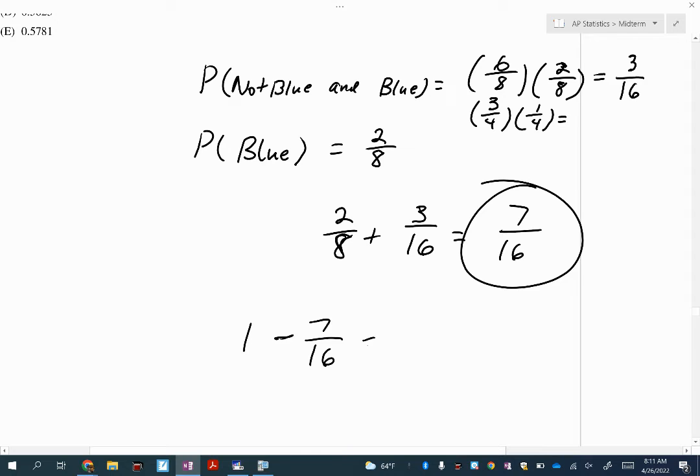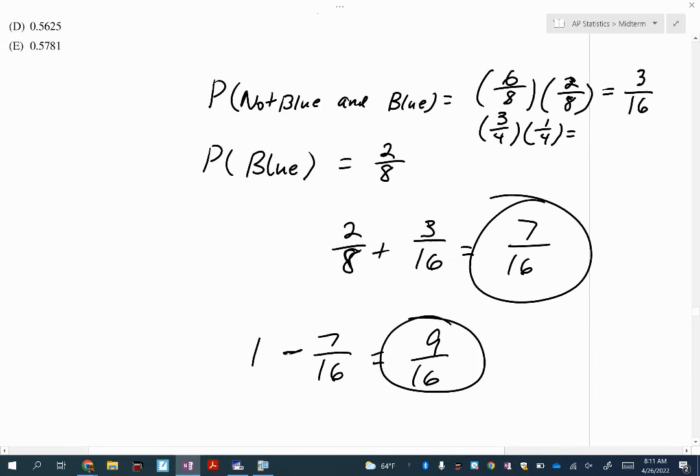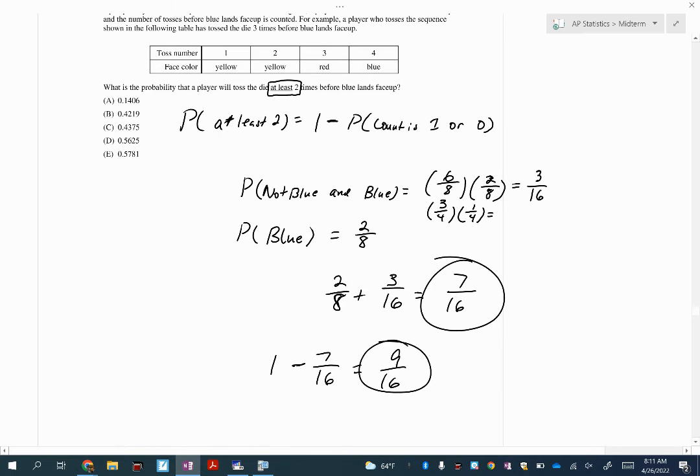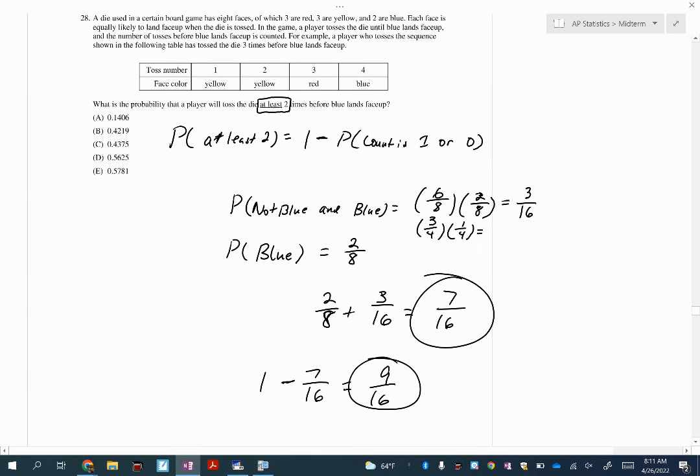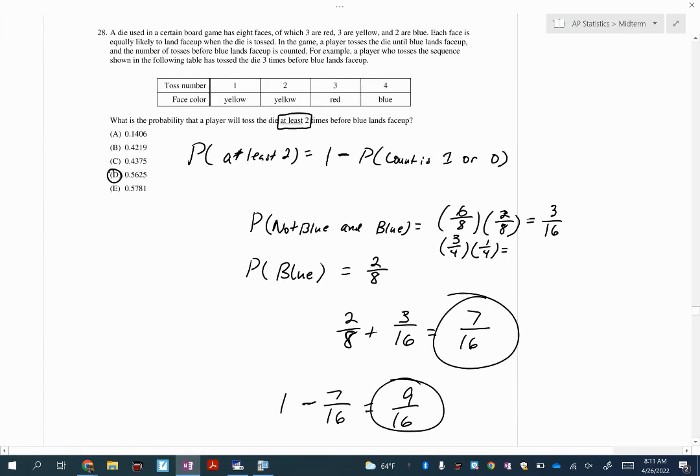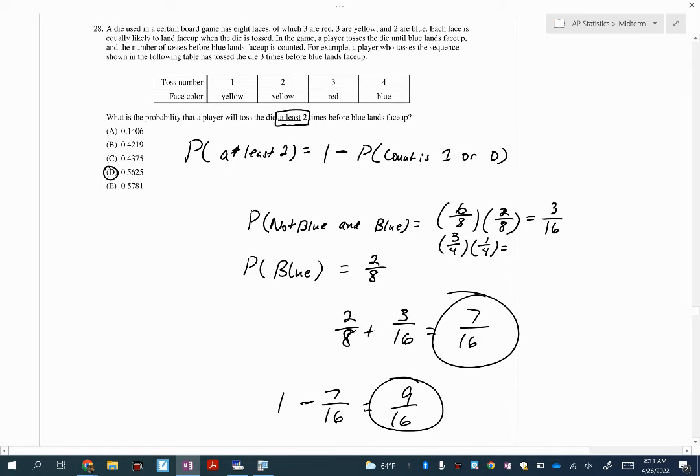So what's 1 minus 7/16? 9/16 is my answer. Which one is it, D? 16 minus 7.